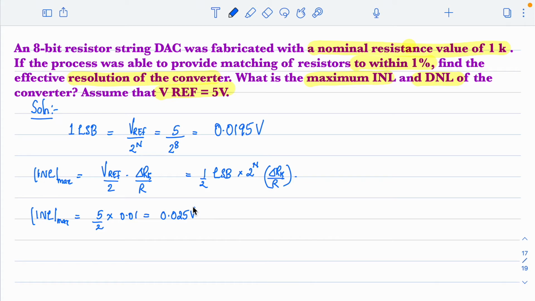It's 0.025, right? 5 by 2 into 0.01. Are you getting this answer? 0.025, which is INL max.